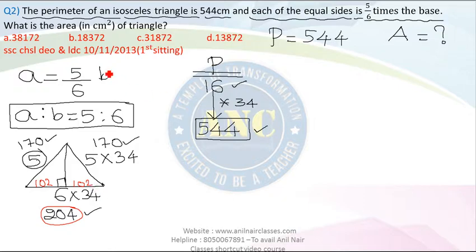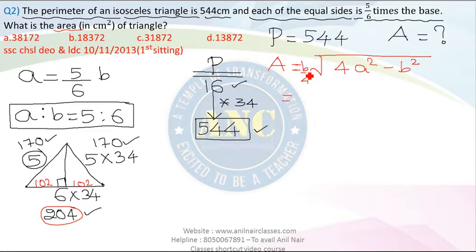Now what is it that they are asking you? They are asking you the area. So area of an isosceles triangle is b by 4 into square root of 4a square minus b square. Sir, I know b value, I know a value. Can I substitute? Yes.